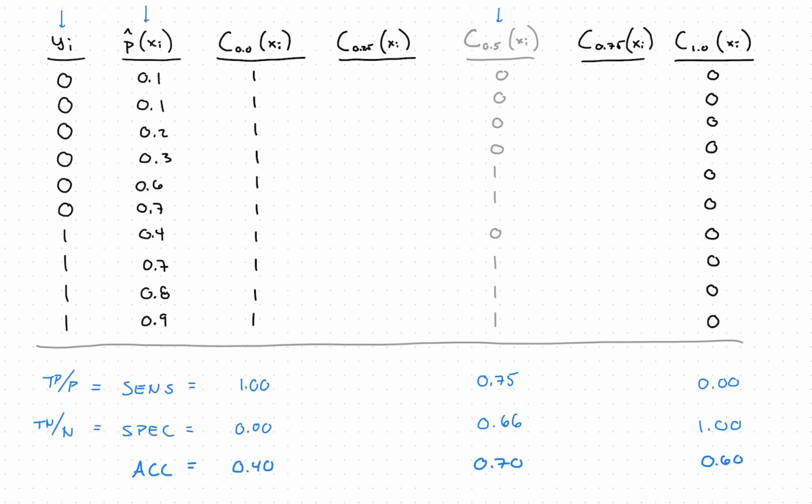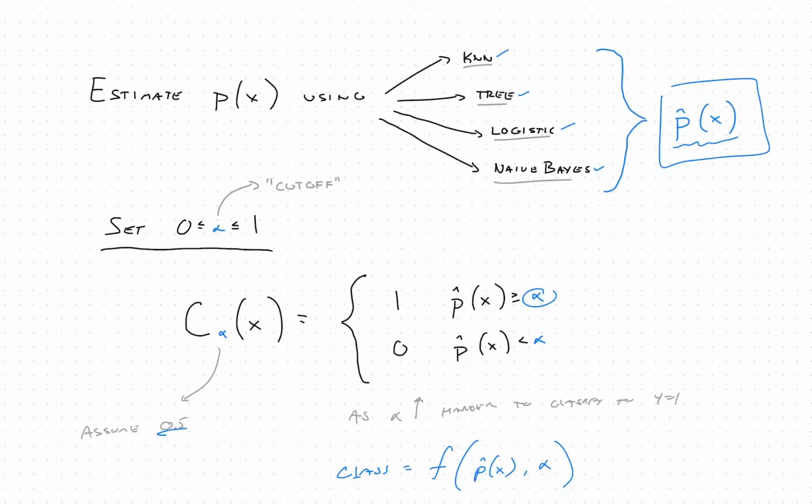And we see that 0.1, 0.1, 0.2, 0.3, those are all less than 0.5. So we get these zeros here, and then the rest are 1 because these are all above 0.5. Okay, great. And then we see the sensitivity, specificity, and accuracy that we saw before.